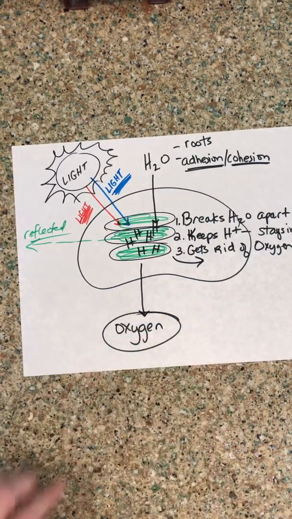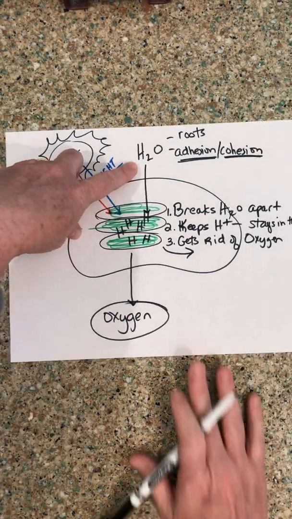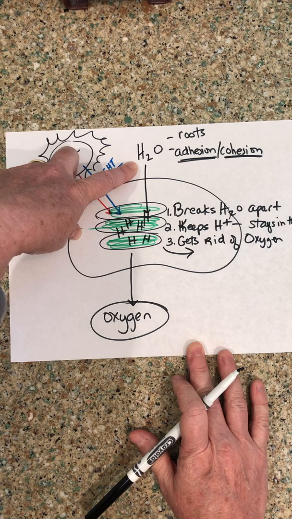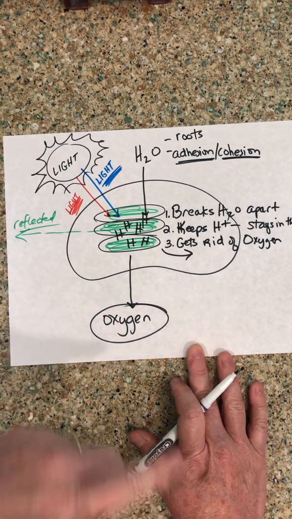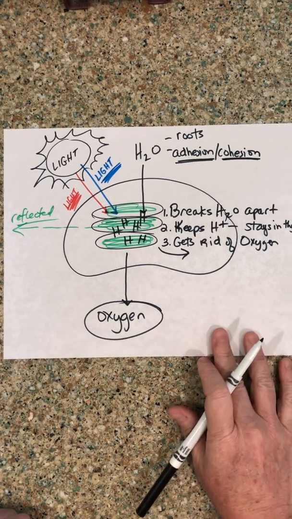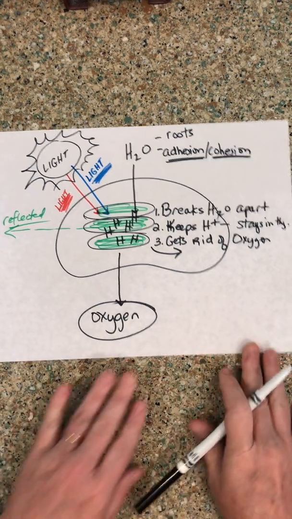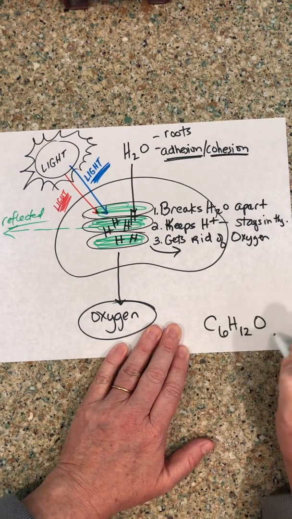Okay, so all that oxygen that you're breathing in actually was once attached to a water molecule. All the water molecules are necessary because the plant doesn't want oxygen. It wants to keep the hydrogen because in a minute it's going to get the oxygen that it needs to make its final product of C6H12O6.